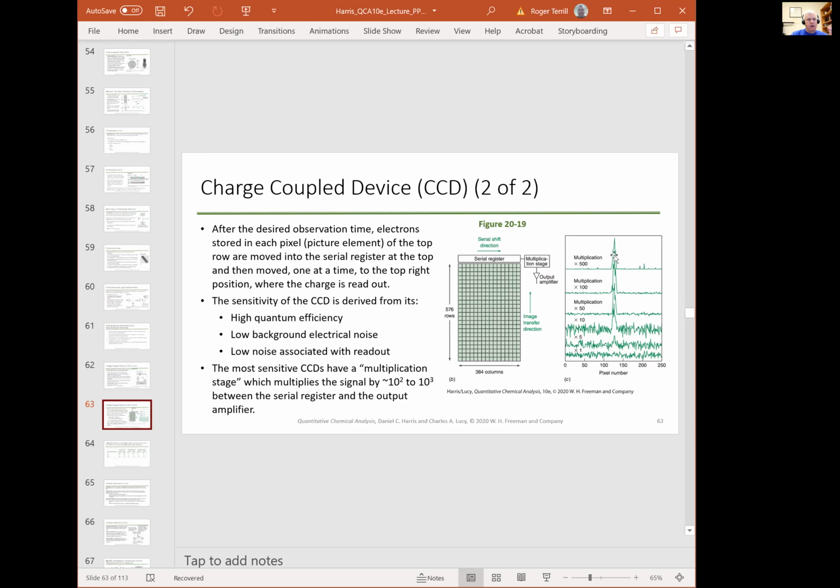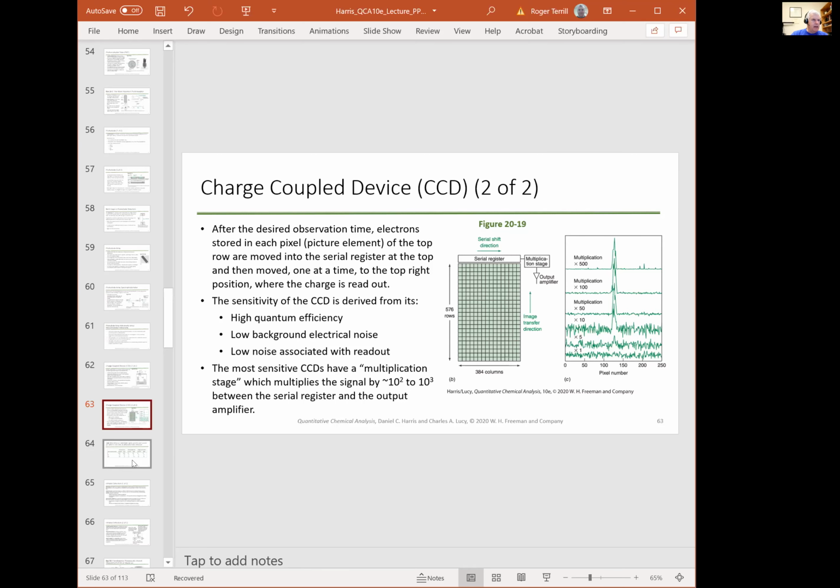At 500, the square root is maybe 25 or so, since 20 squared would be 400. You'll have a large peak like this, and the signal to noise ratio on the peak will scale as the square root of this so-called multiplication.